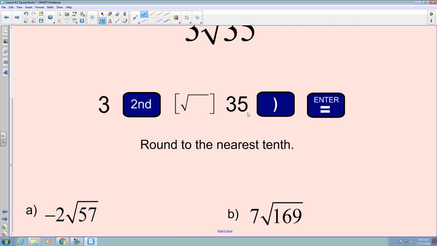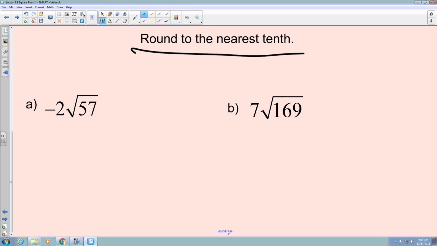Another way of approximating is they want you to round it to a decimal, and in this case, they want us to round to the nearest tenth, so just one decimal place. So I go over here, I got this -2. That gets multiplied by the square root of 57, and the square root of 57 is just 7.54.